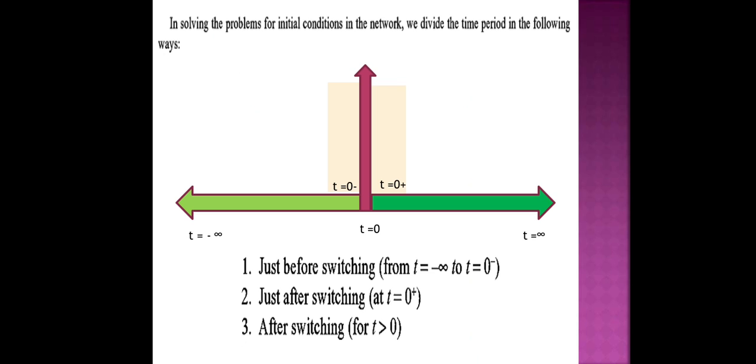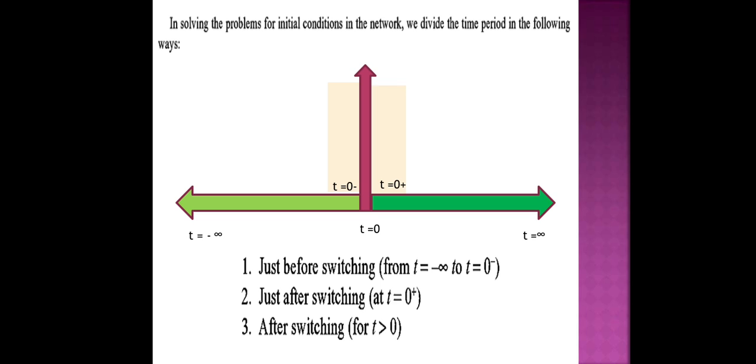Similarly, around 0 there are two conditions, left and right, which are 0 minus and 0 plus. Just before switching, going from t equal to minus infinity to t equal to 0 minus, is called just before switching. Just after switching is at t equal to 0 plus.